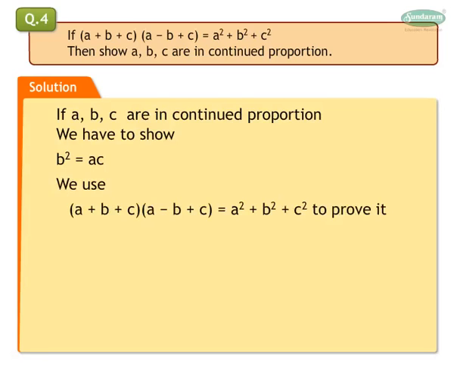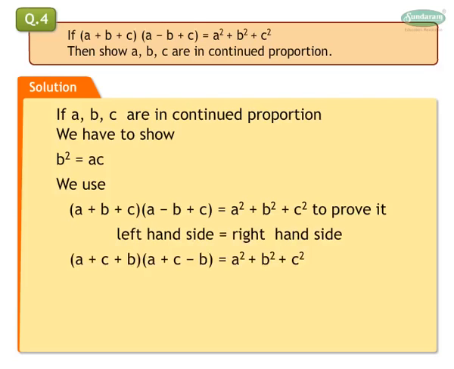We use (a plus b plus c) into (a minus b plus c) is equal to a square plus b square plus c square. We rearrange the equation as into bracket (a plus c plus b) into bracket (a plus c minus b) is equal to a square plus b square plus c square.